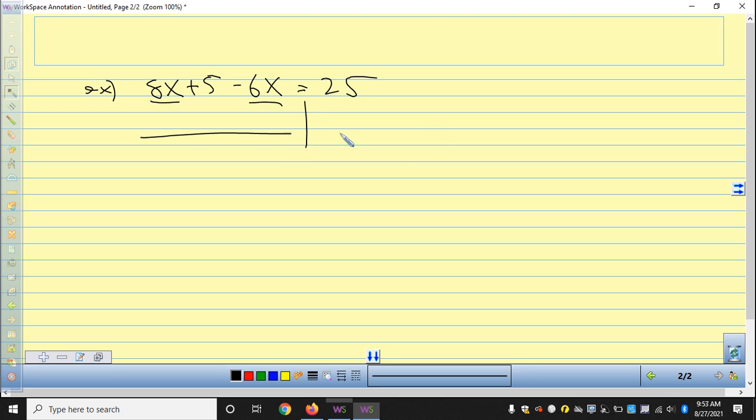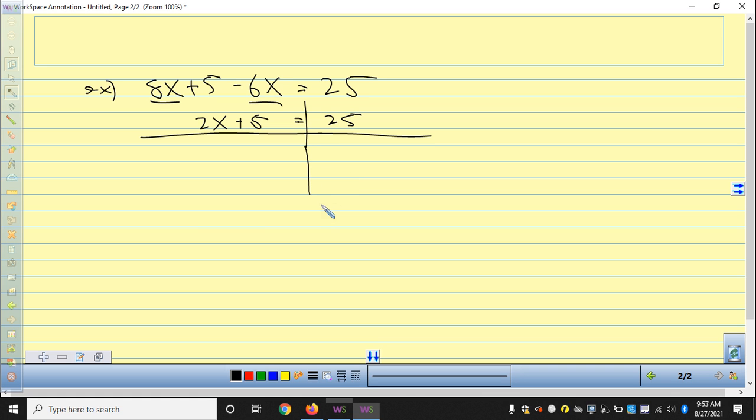So let's combine those. 8x minus 6x is 2x. So I have 2x, still a plus 5, equals 25. All right, this looks more like what we've been doing. So what do we want to undo first?